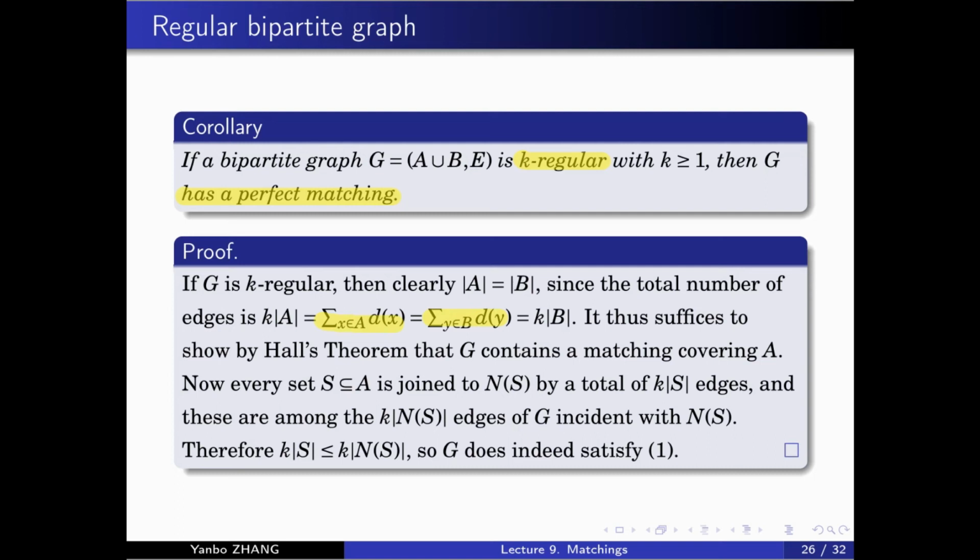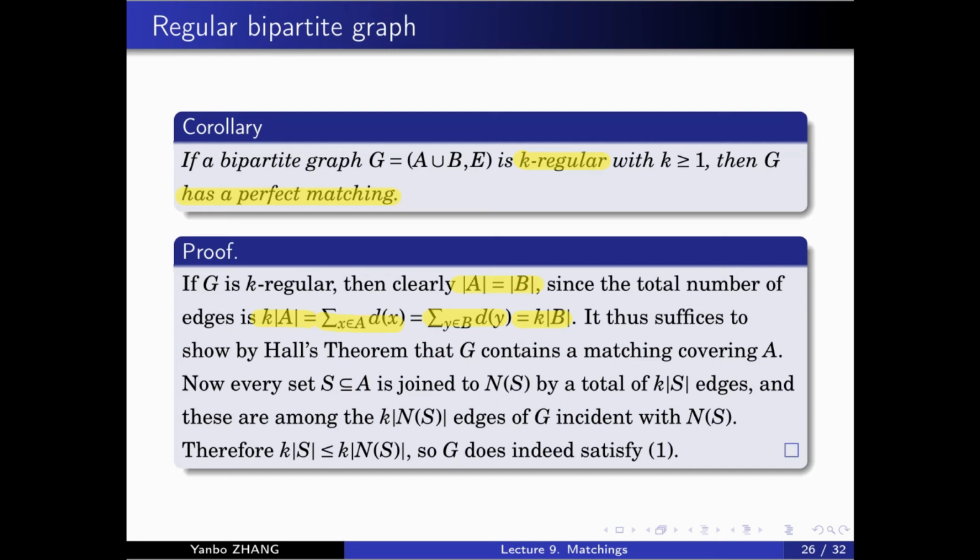So sigma d(x) equals k times |A|, and sigma d(y) equals k times |B|. So we see that k times |A| equals k times |B|, and we have the size of A equals the size of B.